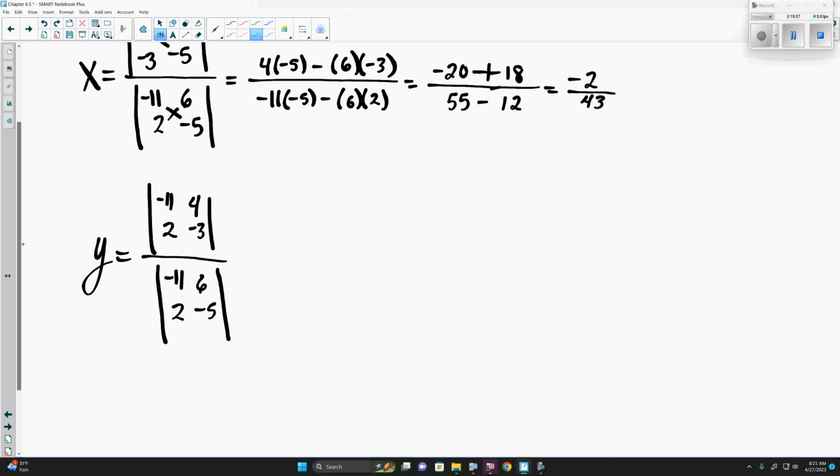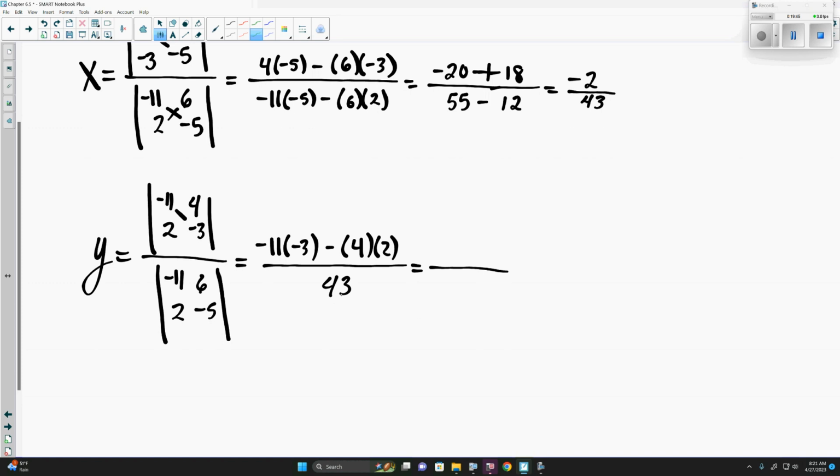Now for y, we can do a similar thing. We'll do negative 11 times negative 3 minus 4 times 2. Now the denominator of y is 43, because the denominator for x and the denominator for y when we started with our determinants are the same, yes?